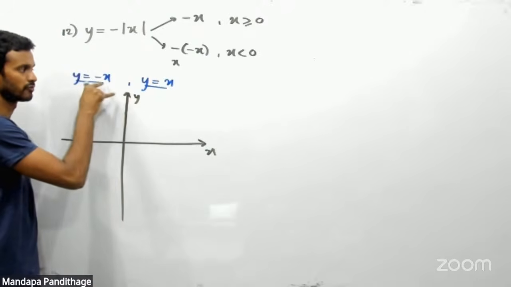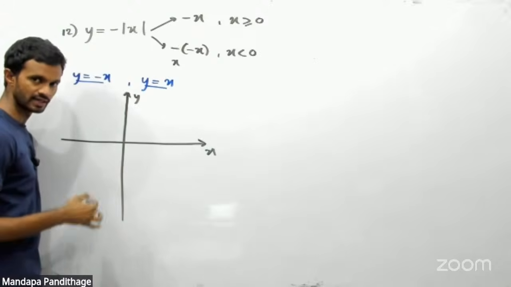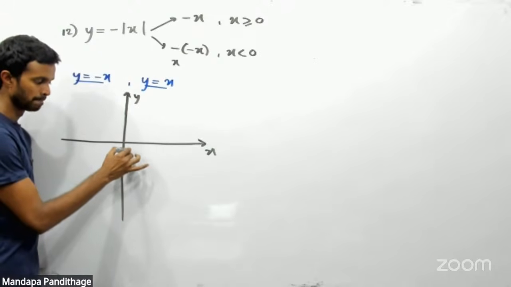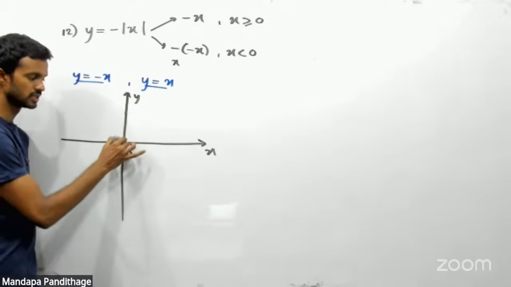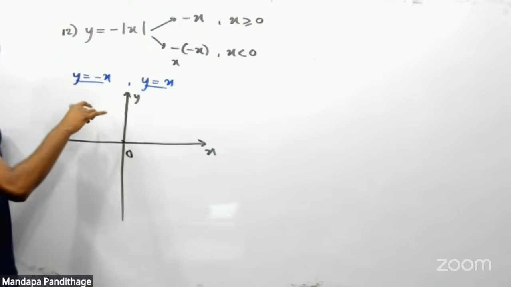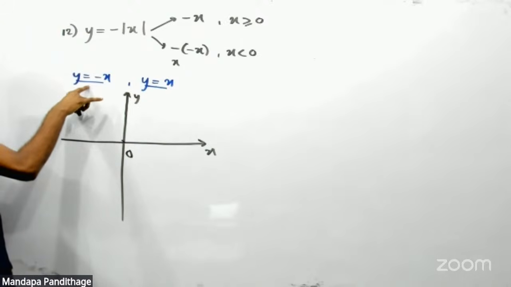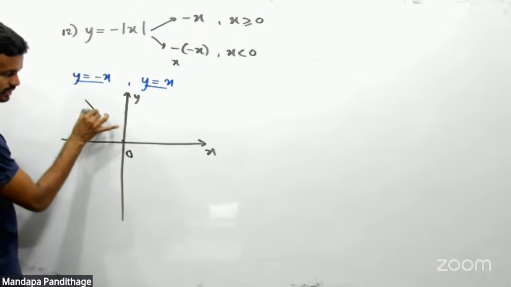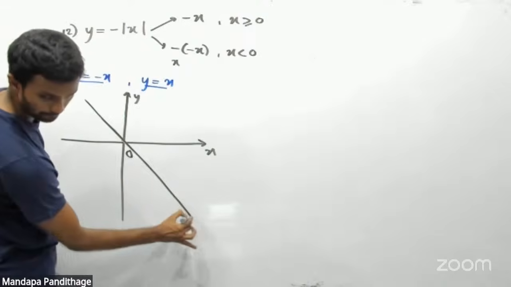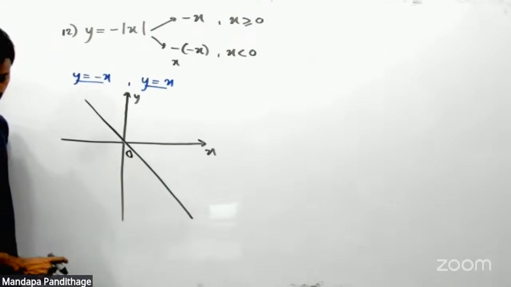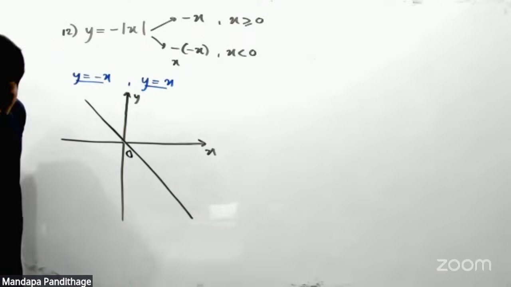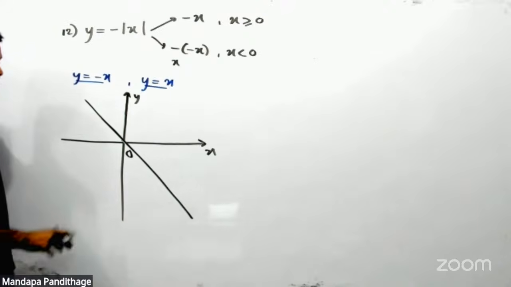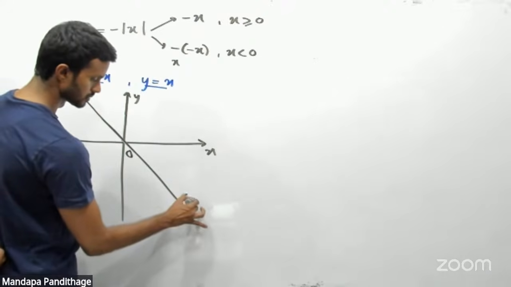We know these types of graphs without an intercept, where the intercept is 0, go through the origin. Minus x has a minus gradient, and it goes in this way. So this is y equals minus x.